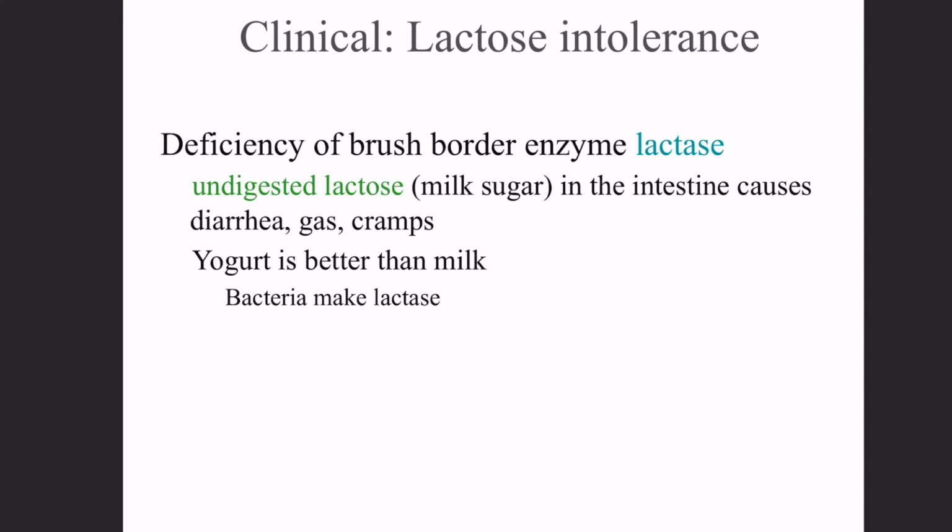They travel through the lymph and they come in via these lacteals within our small intestine. Individuals who are lactose intolerant are lacking lactase enzyme within their brush border enzymes. And so what happens is lactose goes undigested and it goes into the large intestine. And this causes diarrhea, gas, and cramps, or, well, let's say it causes gas, because the bacteria in the gut can have lactase, and so they will digest the sugar, and then gas is a byproduct of that.